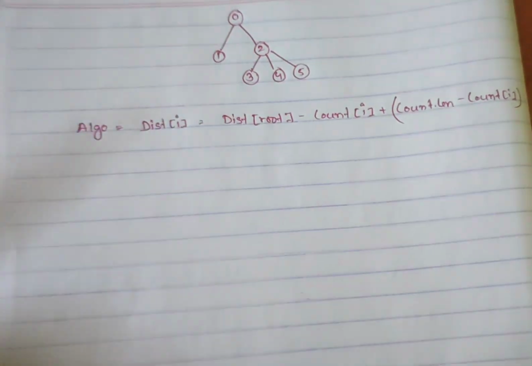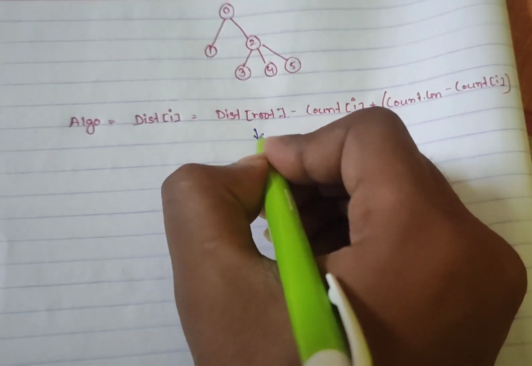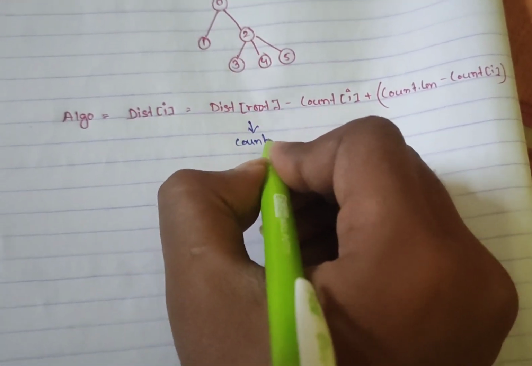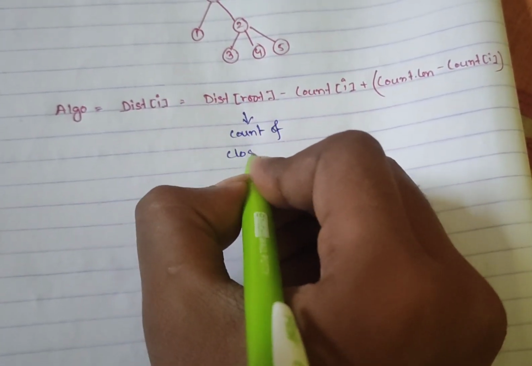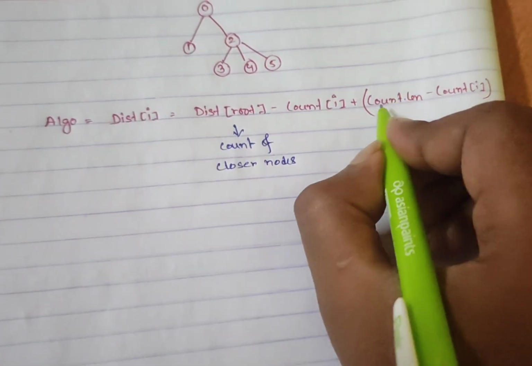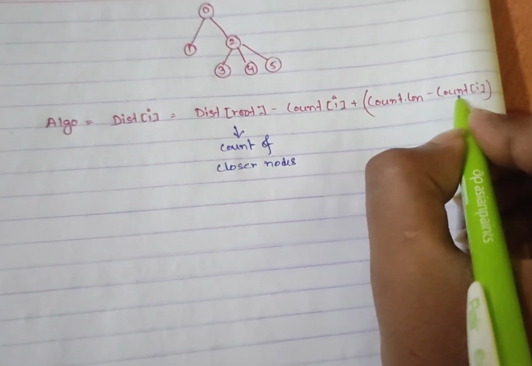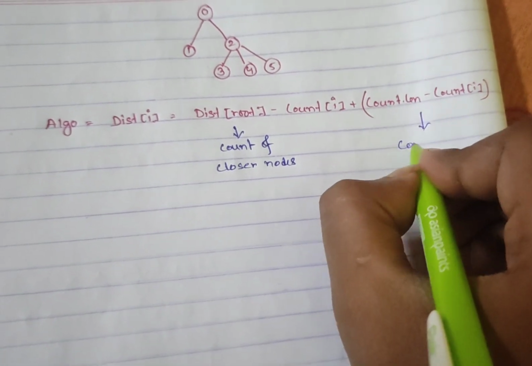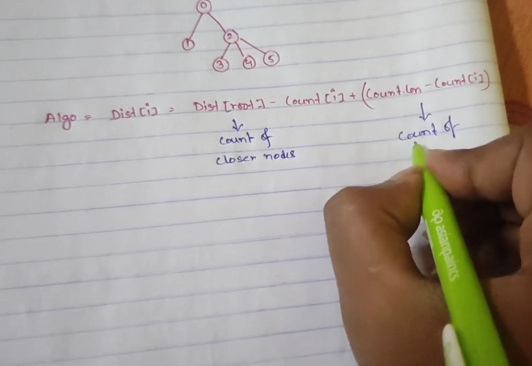One thing, the distance of root is basically the count of closer nodes, and this count.length minus count of I is basically the count of further nodes.